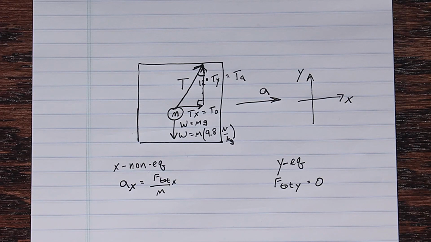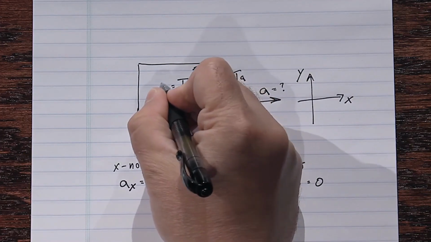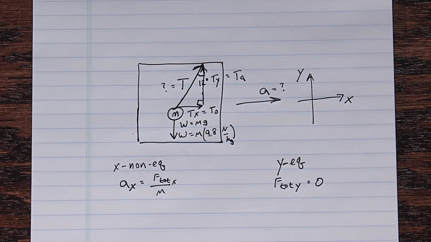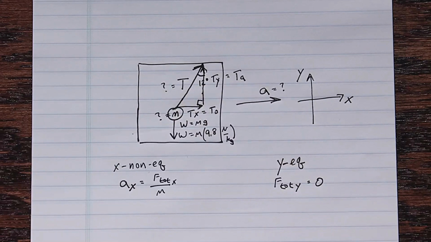So now we'll have to go to our equations and see where that leads us. I should say we have now drawn in all of the knowns and all of the unknowns. The acceleration is an unknown. Tension at the moment is an unknown. And so is mass. So we've drawn in all of our knowns and unknowns.